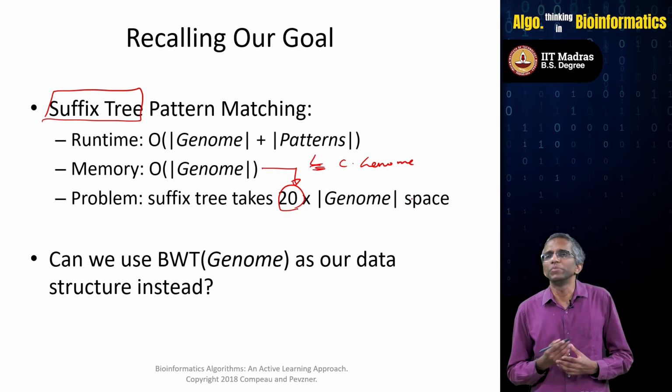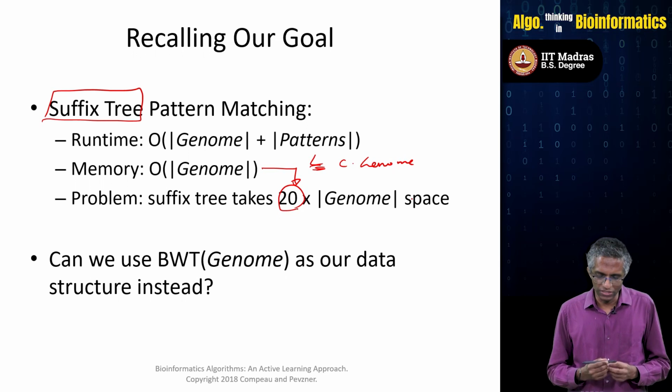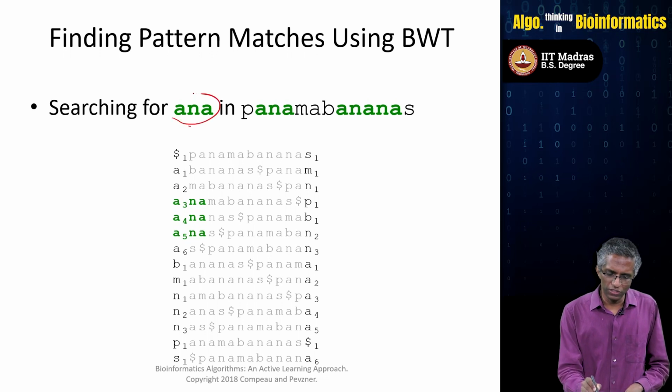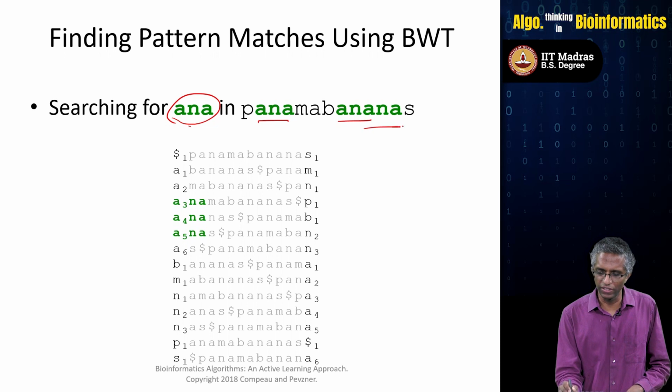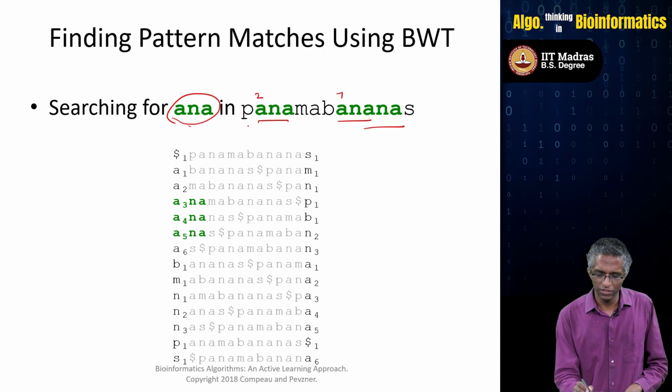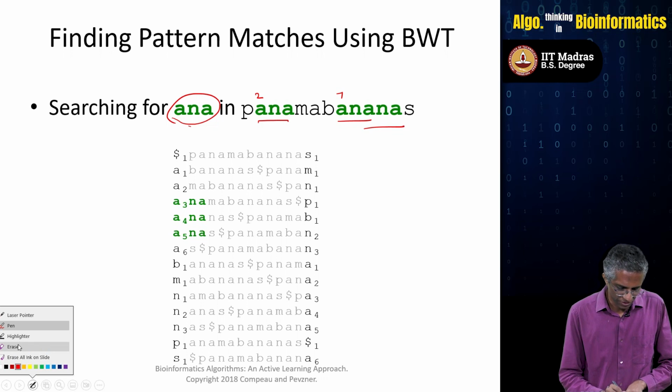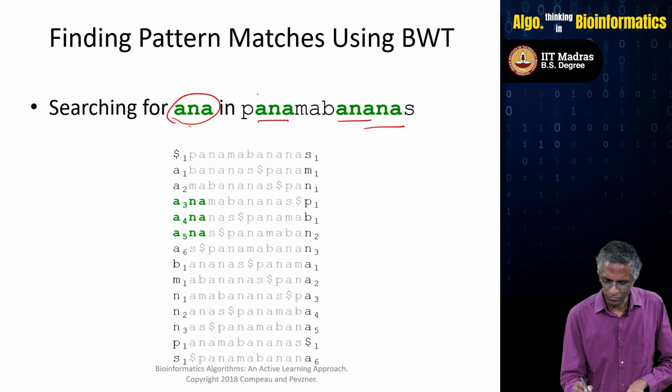Can we use the BWT of the genome as our data structure instead and then do this pattern matching, and what will be the subsequent running time? Let's say that we want to search for Anna in Panama bananas, and we have already said that it occurs in 3 locations. Let me write it in computer scientist terms: this is the 0th location.